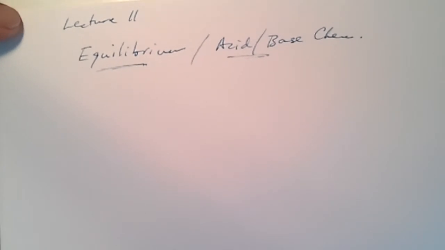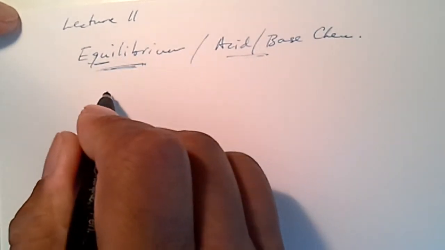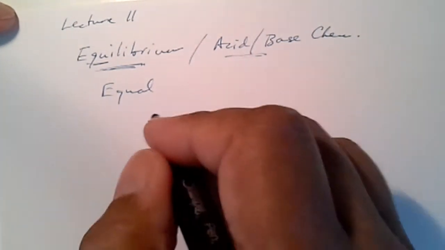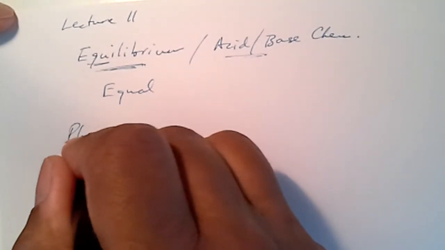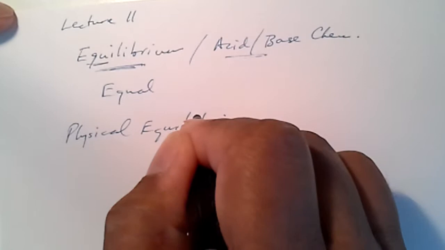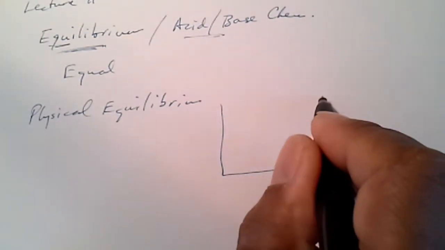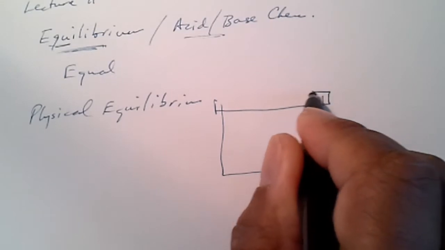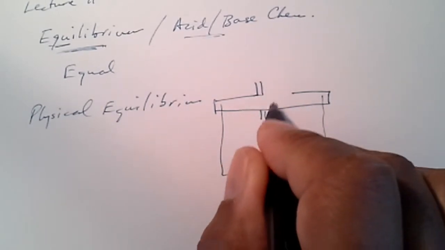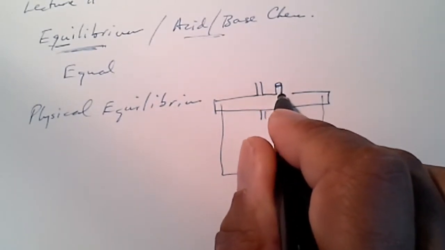So most of equilibrium, the word implies that we have equal parts, and we'll talk about chemical equilibrium, but if we look at physical equilibrium as an example, if you have a beaker, and in this beaker you put a lid on it, or a cap that's sealed, and there is an inlet for adding gas or increasing pressure, and another inlet that might be closed.